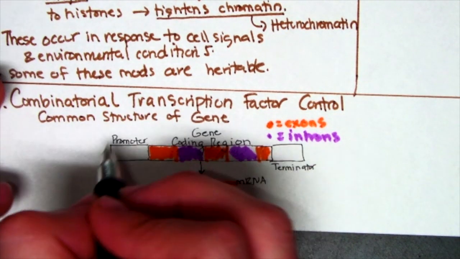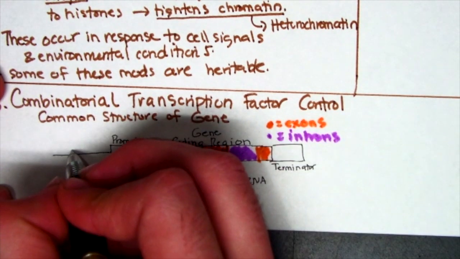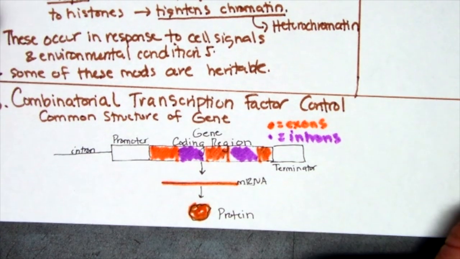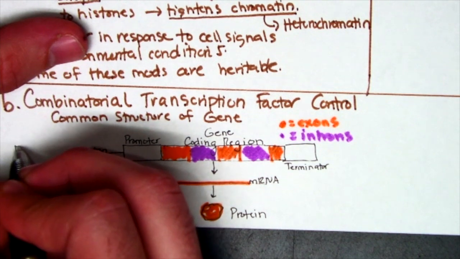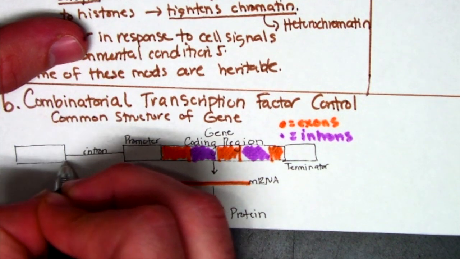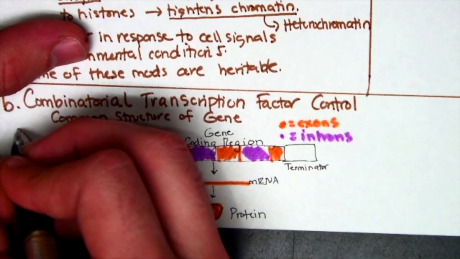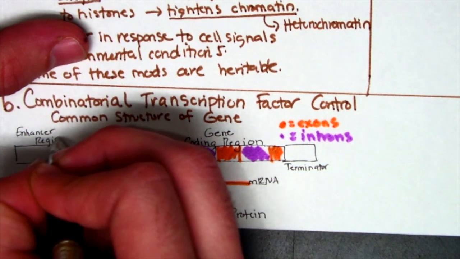Then usually we have a long stretch of intron region, and then upstream we have our enhancer regions.